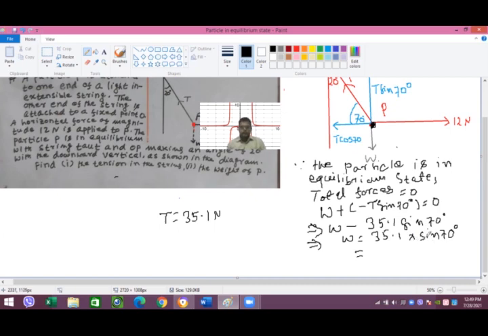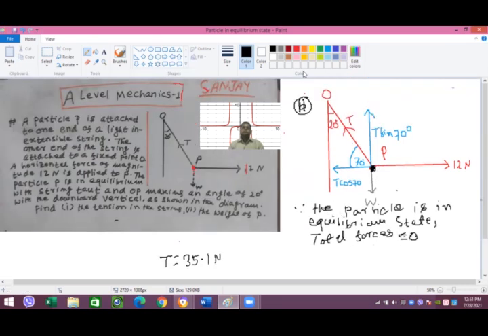The value I have got is 32.9697 and something like this. If you round this off to 3 significant figures, it is nearly equal to 33 Newton. So the weight of this particle is 33 Newton.